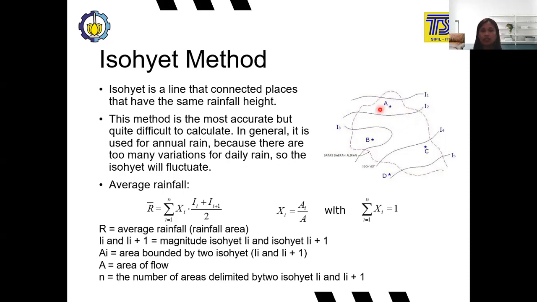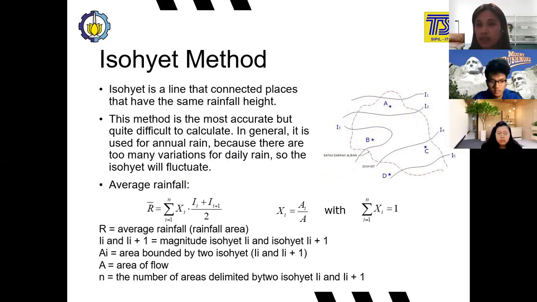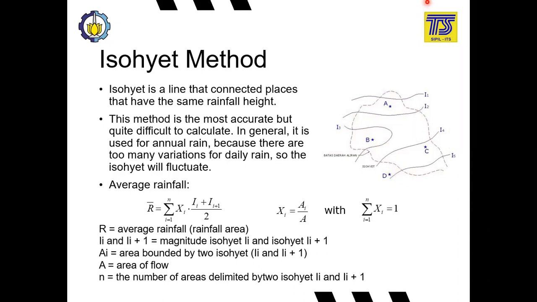So for this isohyet method, we can also calculate the average rainfall. We calculate the average rainfall by using this equation. For example, we got the I1 here, I1 and I1 plus 1. For example, here we got I1 and I2. And after that, we have the data of I1, I2 until I5.